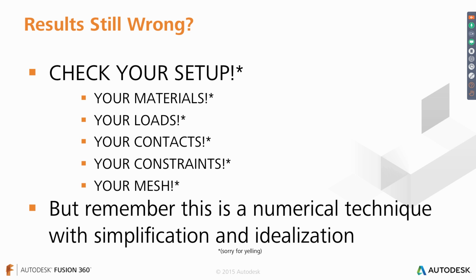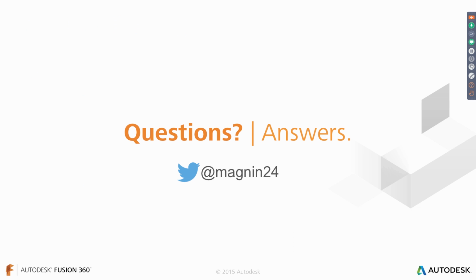Check your setup. If you're getting results that you don't trust or that seem wrong, check your materials, your loads, contacts, and constraints. Remember, in the end, this is a numerical technique, so being within 5 to 10% of some empirical data is actually pretty amazing. So I will say that.